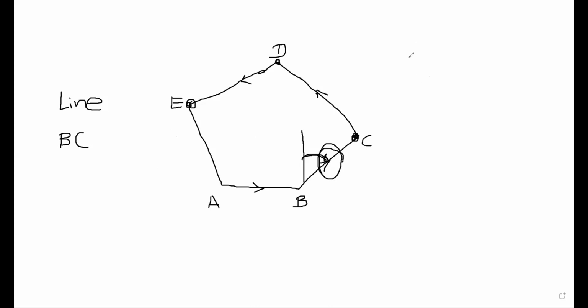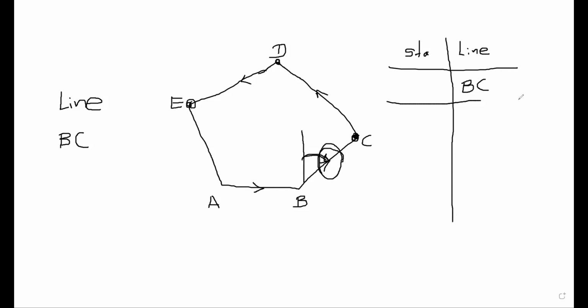So how do we start? You have two columns, station and line. Right? Then how do you fill? You start with BC. After BC, you go to a station called C. So that should be in the next line.